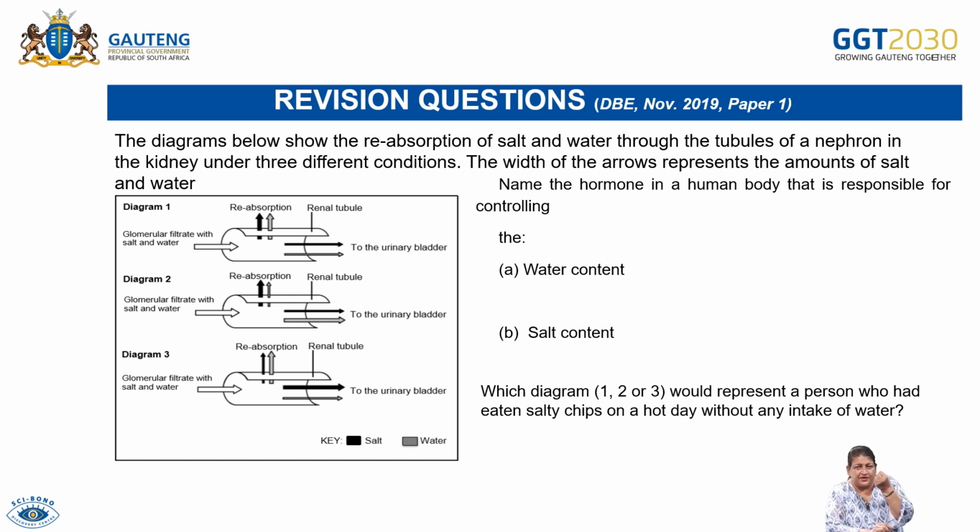What is filtered from the kidney nephrons to come into the tubule? It's called the filtrate. Just like you'll make tea with tea leaves, and then you put a sieve, and all your tea leaves stay behind on the sieve, and then your tea gets filtered out. Now the tea that's filtered is called your filtrate.